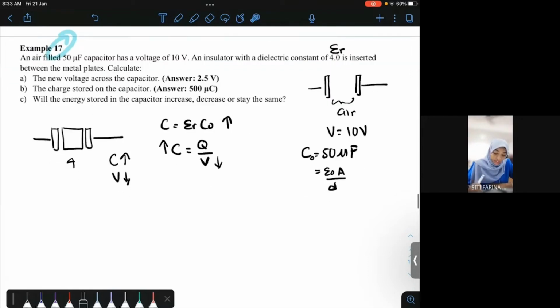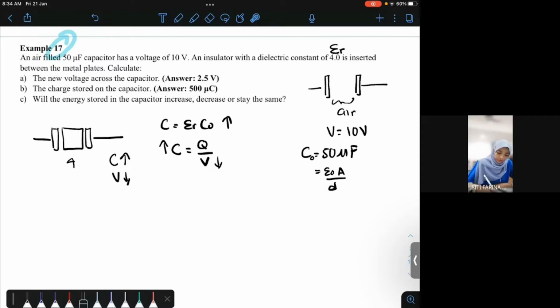Now let us look at the question. It says calculate the new voltage across the capacitor. So now we want to find the new voltage of the capacitor after you insert the dielectric. Okay, the original is 10 volt. You're trying to find the new value.